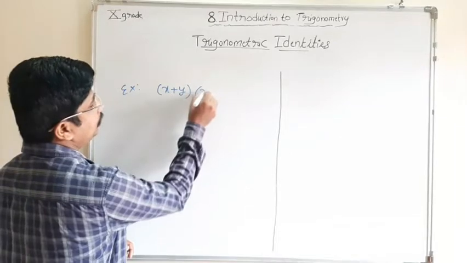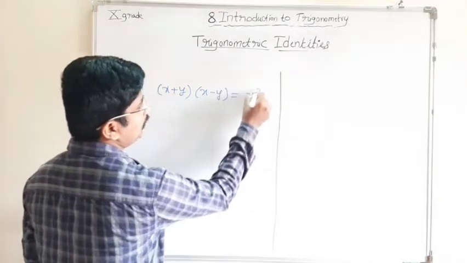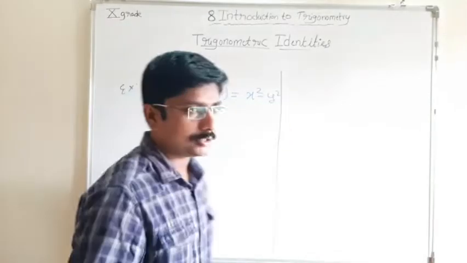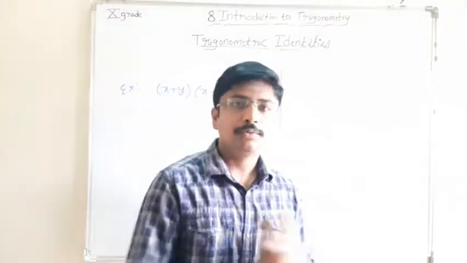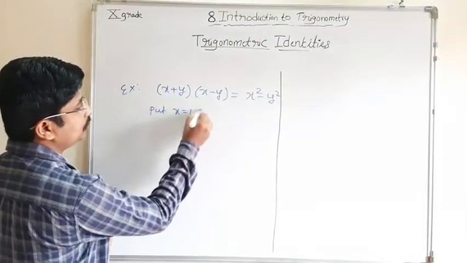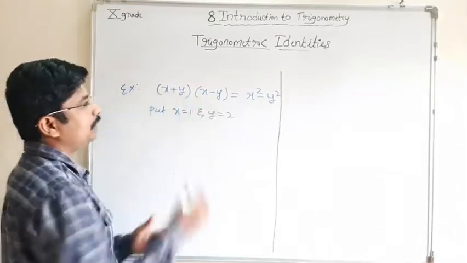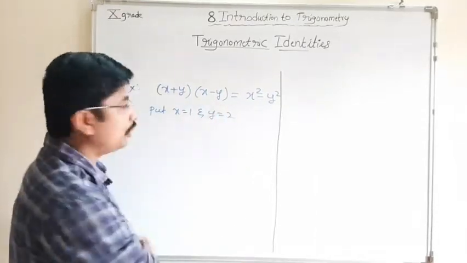(x plus y) into (x minus y) is equal to x square minus y square. Now put x equals 1 and y equals 2 in the above example, in the LHS part and the RHS part. What will we get here?